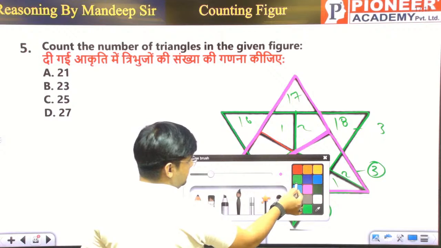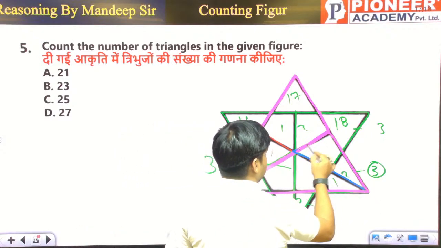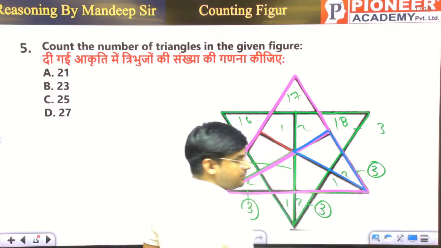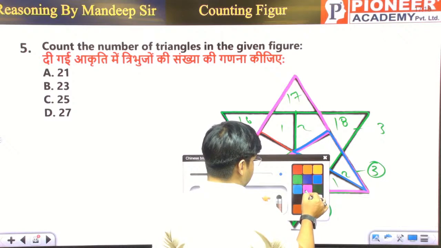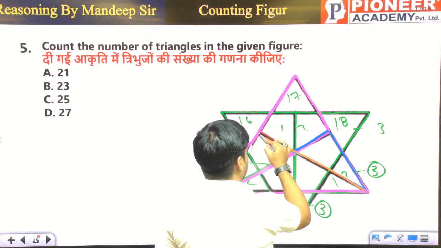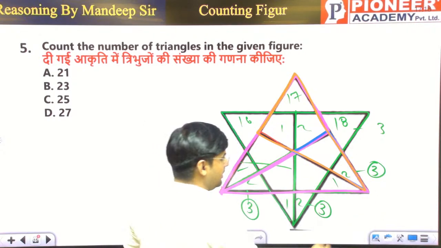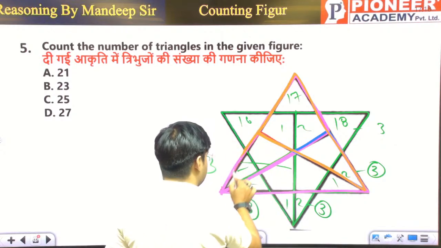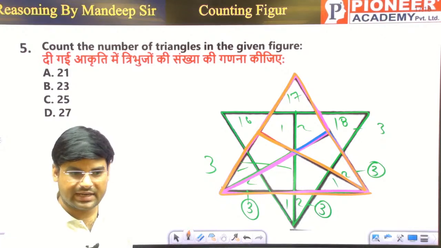And 22, 23, 24. There we got 24 triangles.